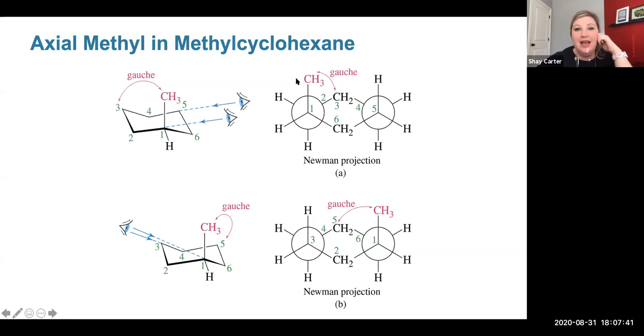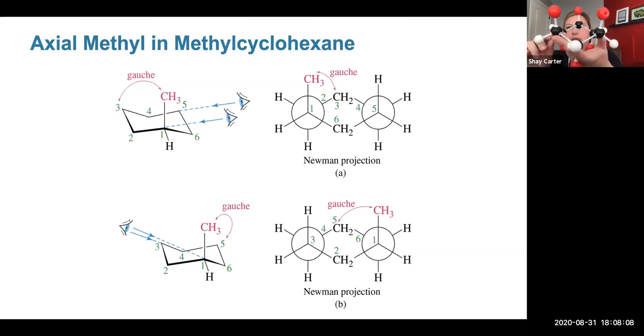So with an axial methyl group in cyclohexane, it's really hard to see on the model because I can't hold it exactly right.